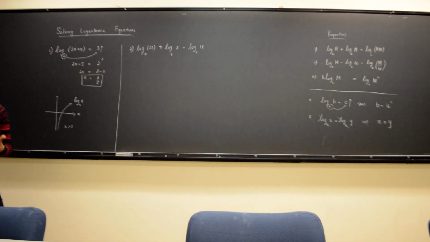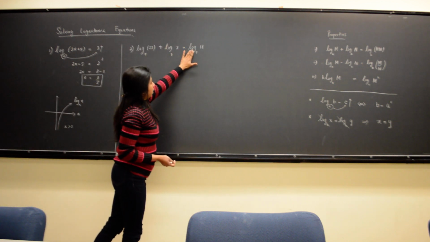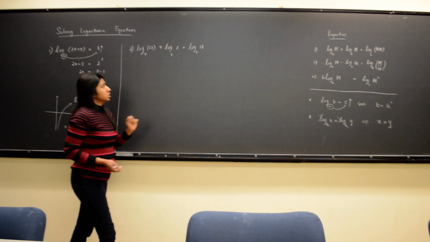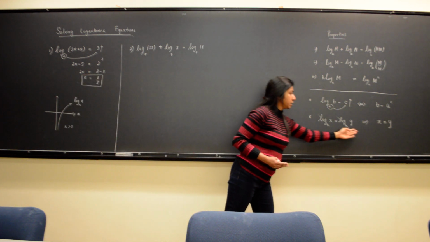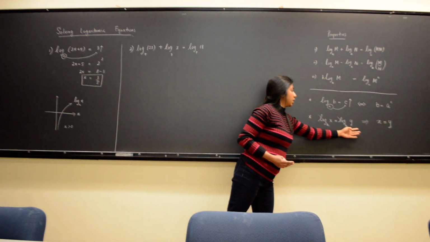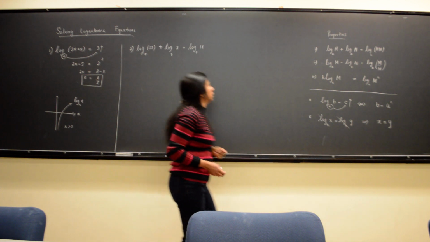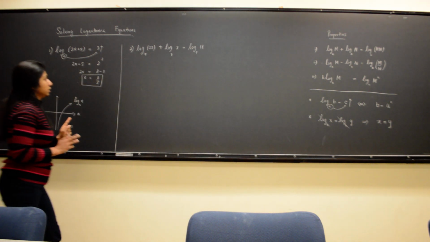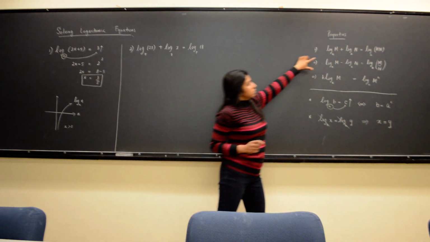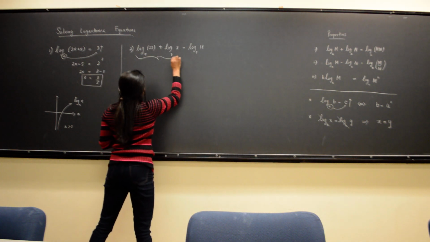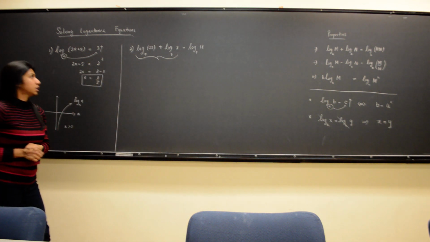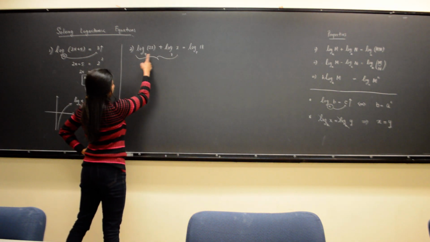See, we have so many terms involved here, but everything involves log. So it seems like we can convert this into a simplified form. Before that, we may need to use our first property to combine this into a single logarithmic term. Okay, how can we do that?